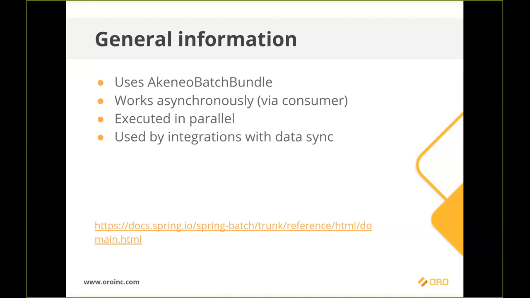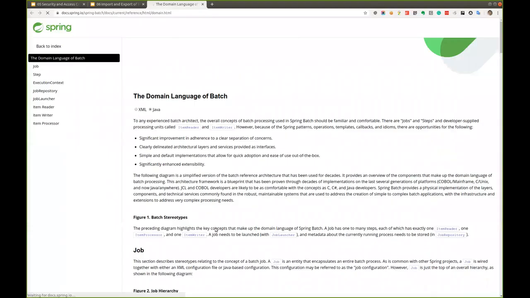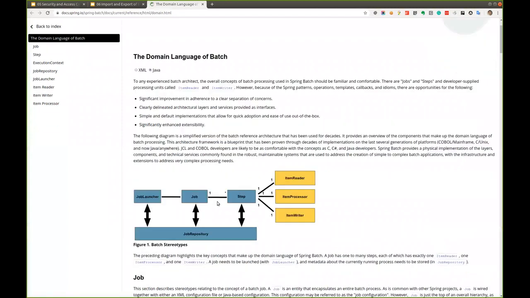So it's important. We're not going to debug through this process in detail, but I will try to explain it as thoroughly as possible. Also, there is a link for you to understand the abstract concepts of batch processing. This is from Spring actually, but the concept is very similar. So we have some job repository.